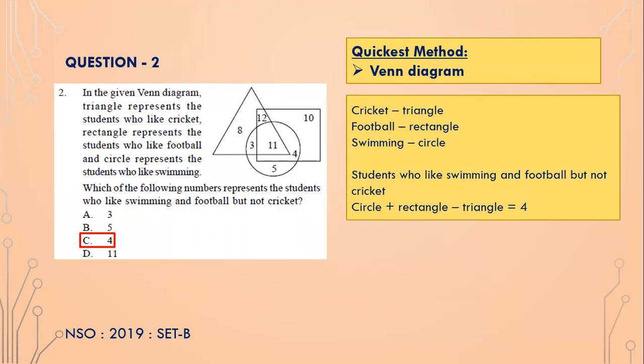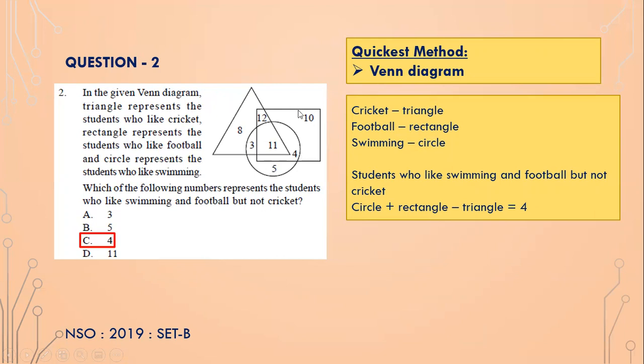In the given Venn diagram, triangle represents students who like cricket. Rectangle represents the students who like football, and circle represents the students who like swimming. Which of the following numbers represent the students who like swimming and football but not cricket? So swimming and football but not cricket: circle plus rectangle minus triangle.